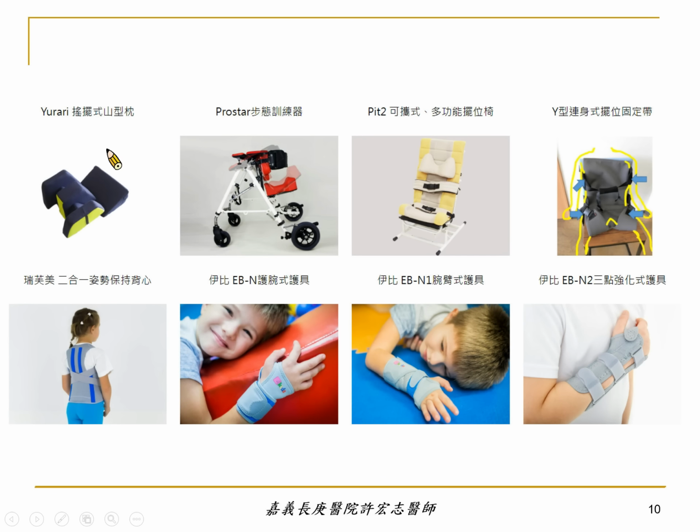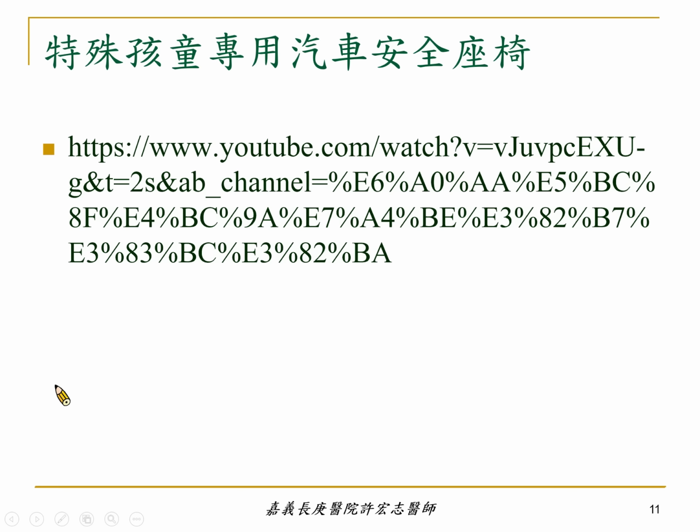Among them are the walking aid or sitting aid or wrist protector or some resources like this. Okay, now I'm going to show you how to use the car seat.